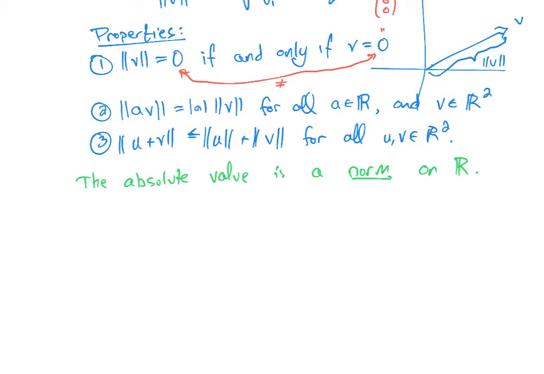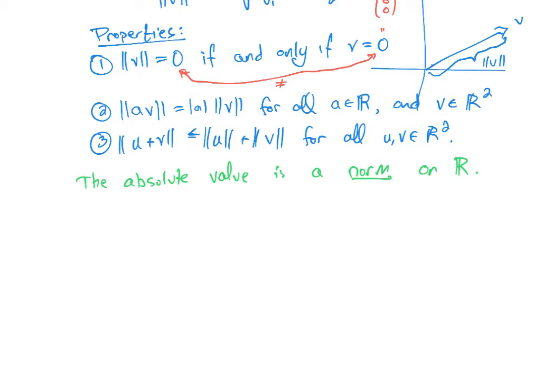Here I'm thinking about the real numbers as a vector space over the real numbers. Before I was thinking about the plane as a vector space where the scalars were real. Now it's the real numbers as the vector space, but the scalars are still real. They're still the same scalars.